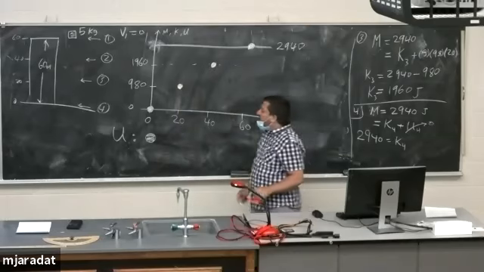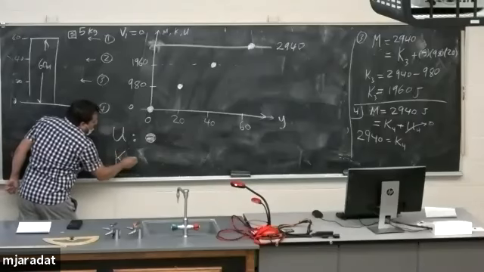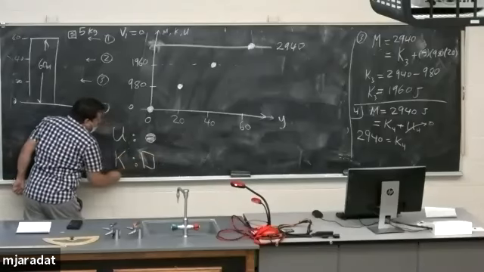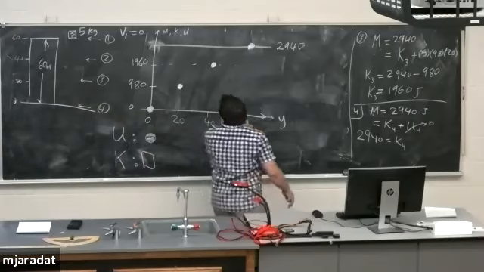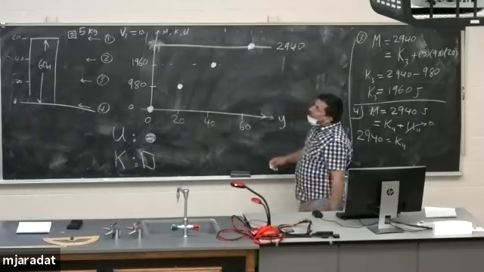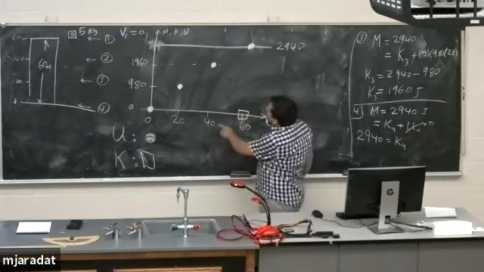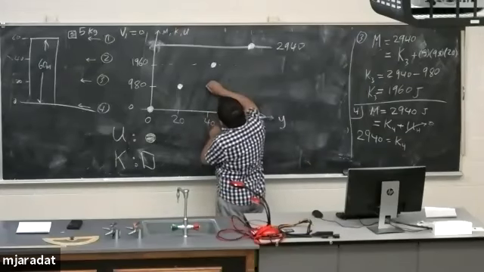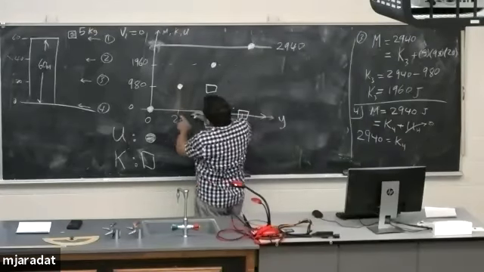What about the kinetic energy? The kinetic energy will be a square. At 60 meters, at the top of the building, the kinetic energy is 0. Then the kinetic energy starts increasing at 40 meters, and it continues increasing.